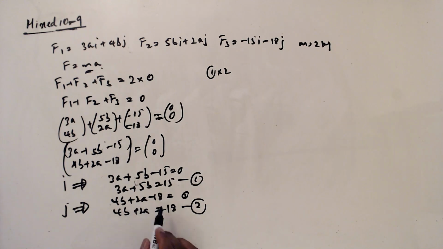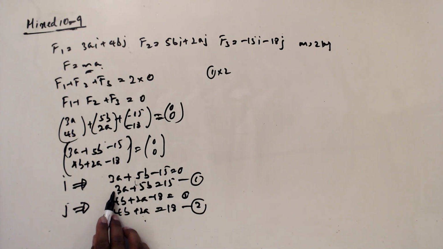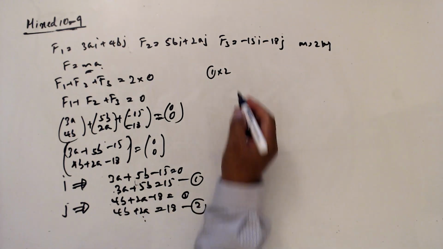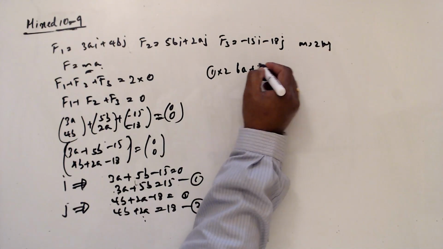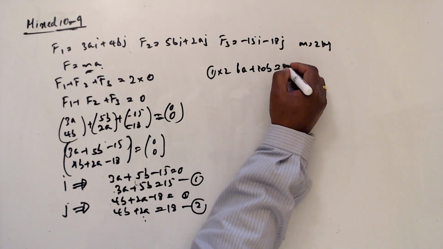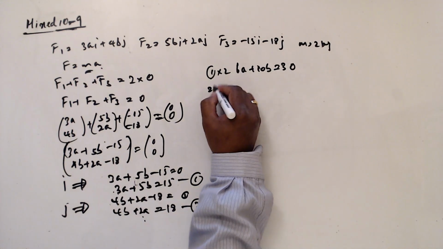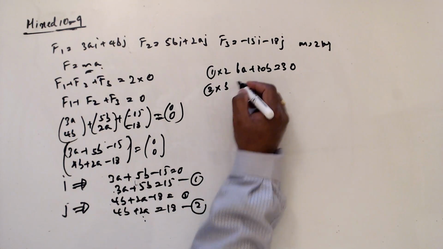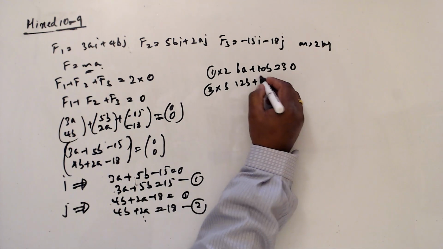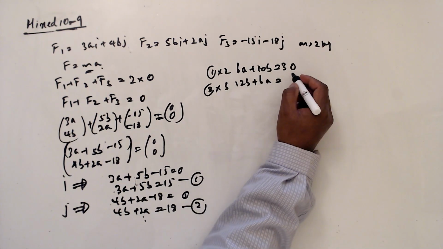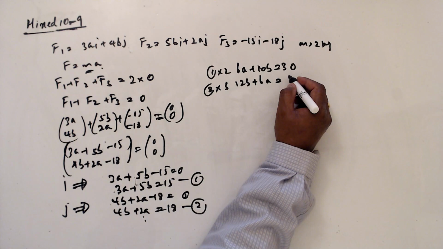My plan is to get rid of a first and find b. So multiply equation 1 by 2 and equation 2 by 3. So 1 multiplied by 2 is going to be 6a plus 10b equals 30. And 2 multiplied by 3, so this is 12b plus 6a equals 3 times 18.